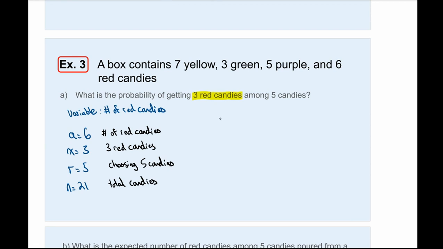So in this case, we have the probability of 3 is equal to, I'm going to use the one type of formula. I find this one a little bit easier to write out. But again, if we're a little bit confused on what these represent, the first one represents red candies, the second one represents other candies, and then we have our total underneath, which is what we're dividing by.